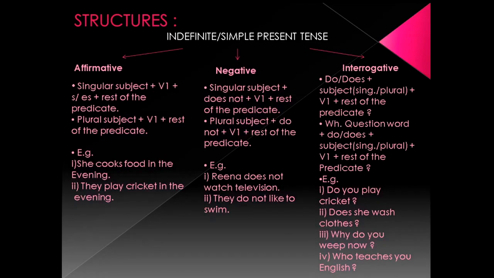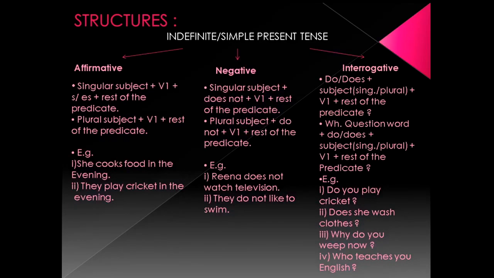Now, the rule for framing an affirmative sentence in simple present tense is like this. When we have a singular subject, it will take with it the first form of the verb, then s or es added to it, plus rest of the predicate.